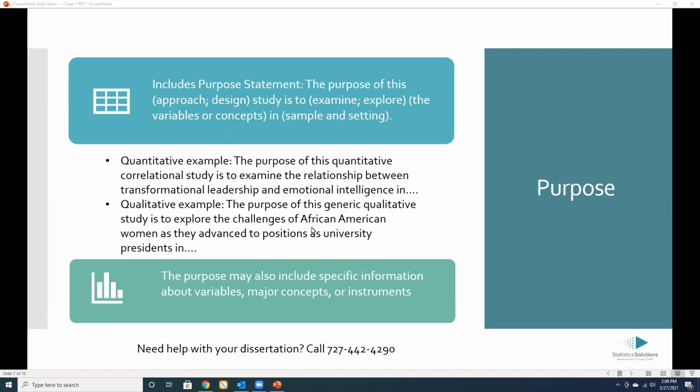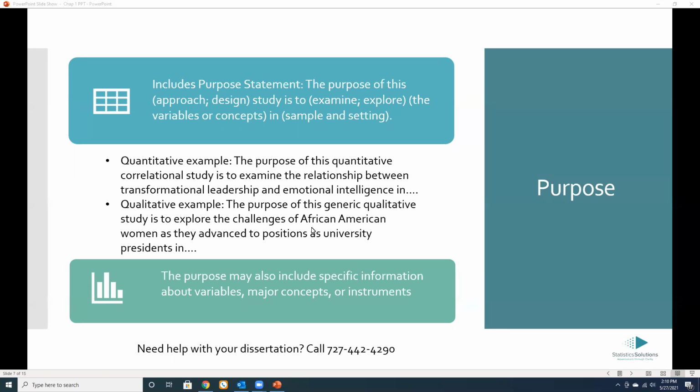Usually terms like examine and investigate are typically associated with quantitative studies. Not necessarily, but the word explore almost always is associated with qualitative studies. Is to examine, explore, investigate, and then this is where you would have your variables or your concepts that you're looking at.